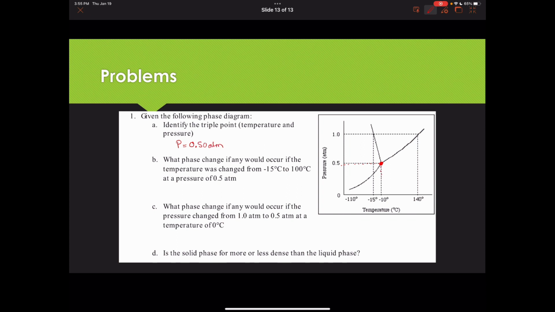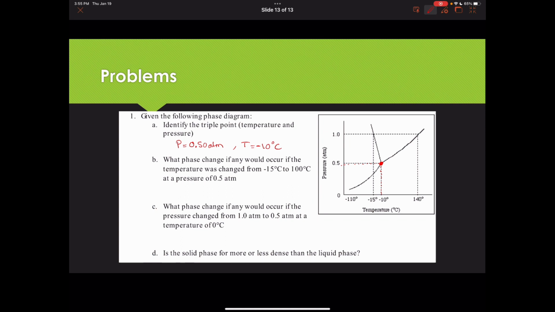The corresponding temperature is negative 10 degrees Celsius. So my triple point occurs at a pressure of 0.5 atmospheres, a temperature of negative 10 degrees Celsius. And if I'm at that temperature and pressure, then I have all three phases of matter existing at the same time.